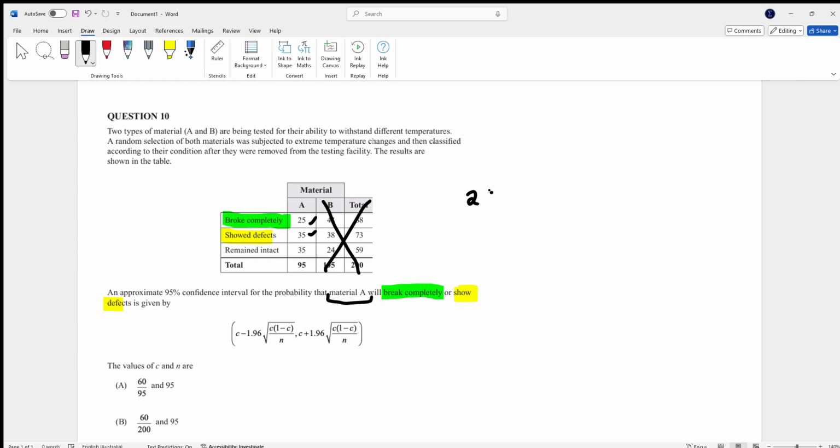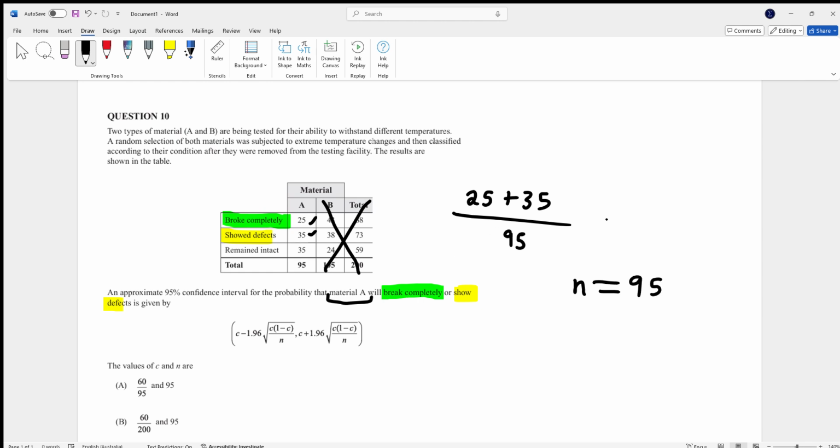We're looking at 25 plus 35 over the total in material A, which would be 95, because your proportion is a percentage of a group in a sample size that fit a certain category. So in this case, our proportion is 25 plus 35 over 95 of things in material A that have broken completely or have shown defects. What that means is our sample size, our N, has to be 95.